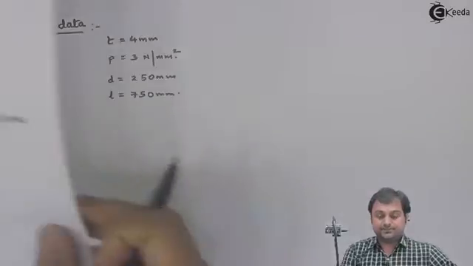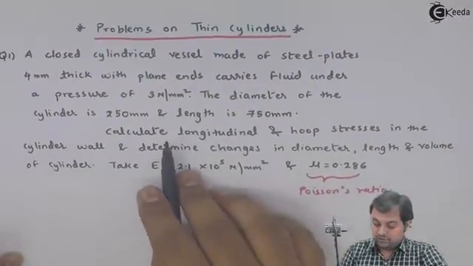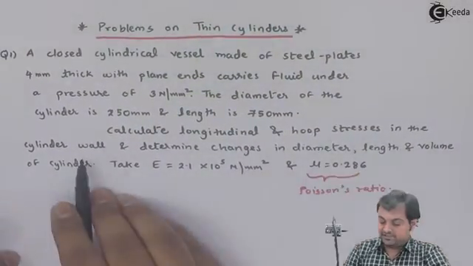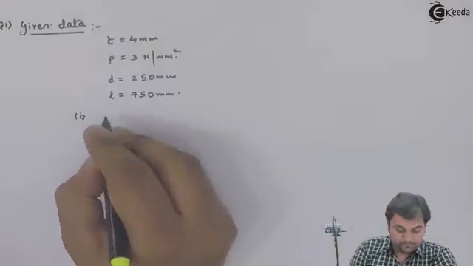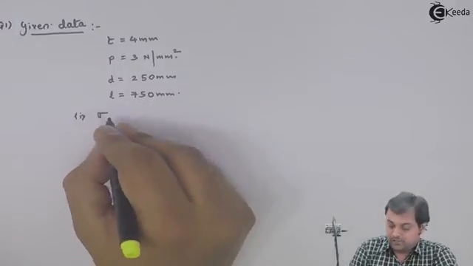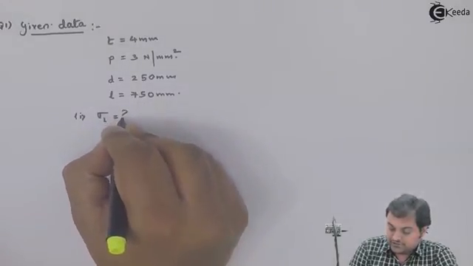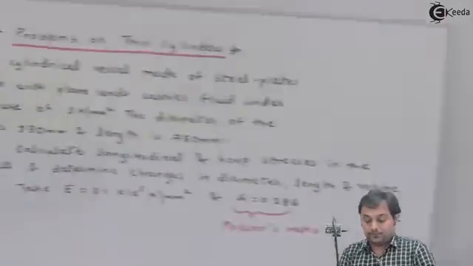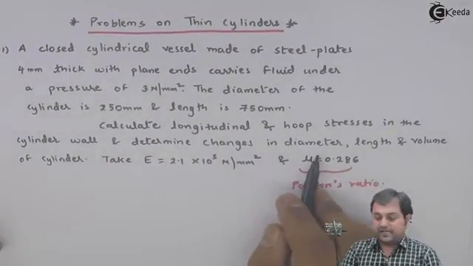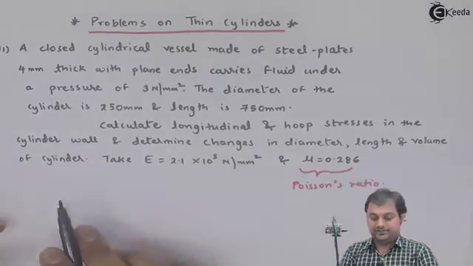Here the question is, calculate longitudinal and hoop stresses in the cylinder wall. The first part, we have to calculate how much is longitudinal stress and hoop stress. Next, determine changes in diameter, length and volume of the cylinder.